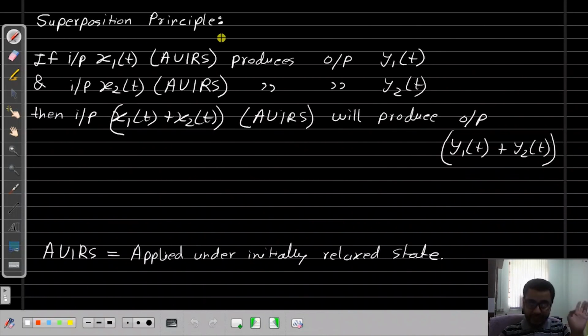According to the superposition principle, if input x1 applied under initial relaxed condition produces output y1 and x2 produces y2, then x1 plus x2 will produce y1 plus y2. That is the superposition principle.